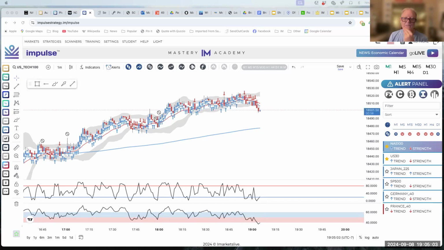But impulse is a very, very simple system. I love it. Basically, if you're looking for buys, you're looking at everything blue, and if you're looking for sells, you're looking at everything red. One of the things that I like about it is it's very simple to follow along.